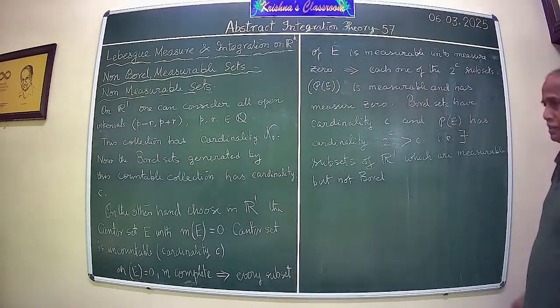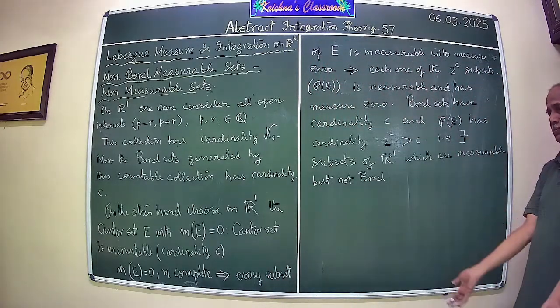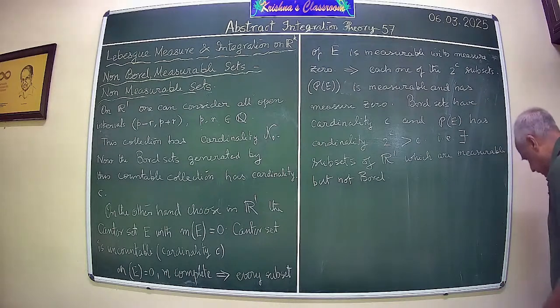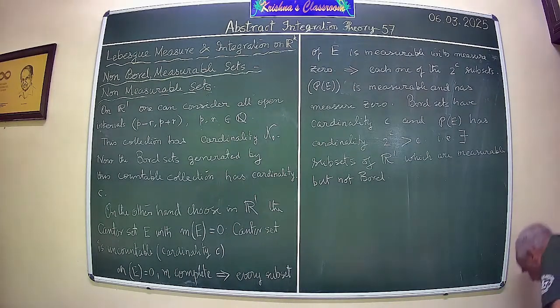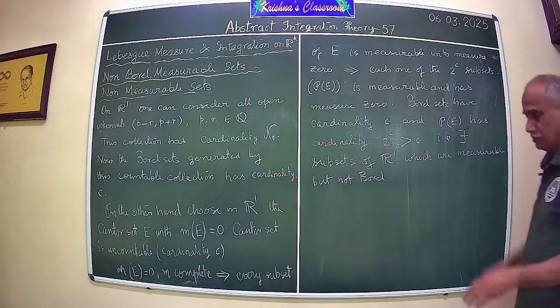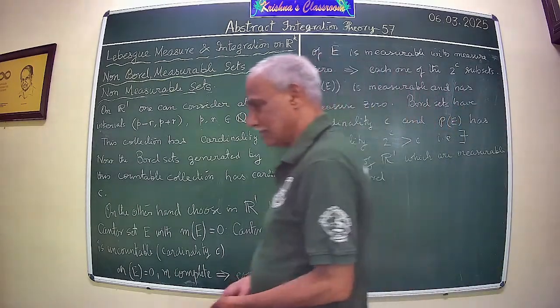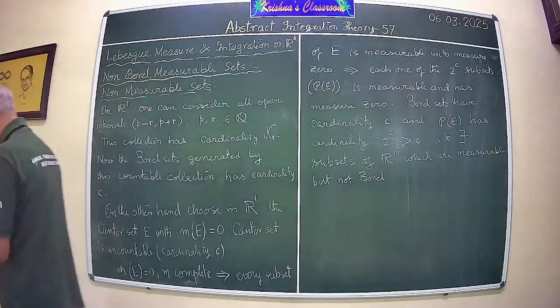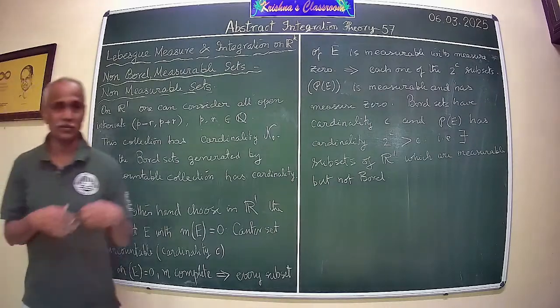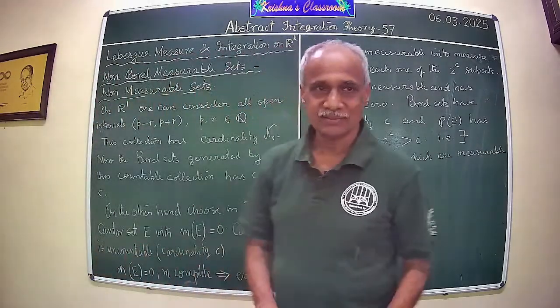Okay, because it's a larger class of subsets which are measurable than you have in R. You can actually construct them. Therefore, certainly there are some subsets of E which are not Borel sets. Okay.